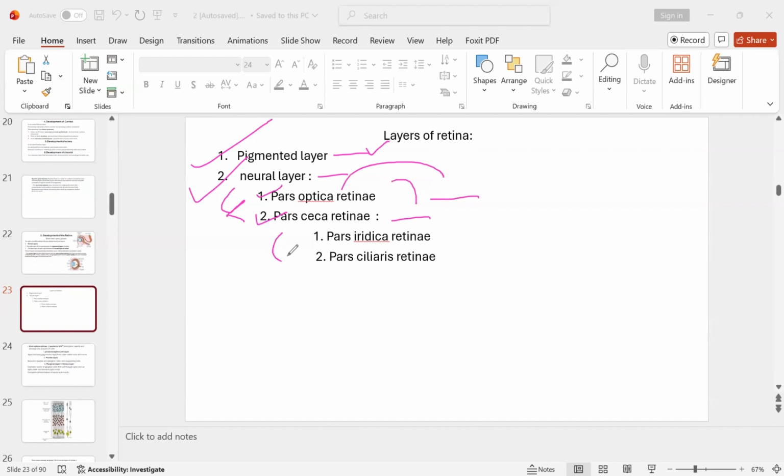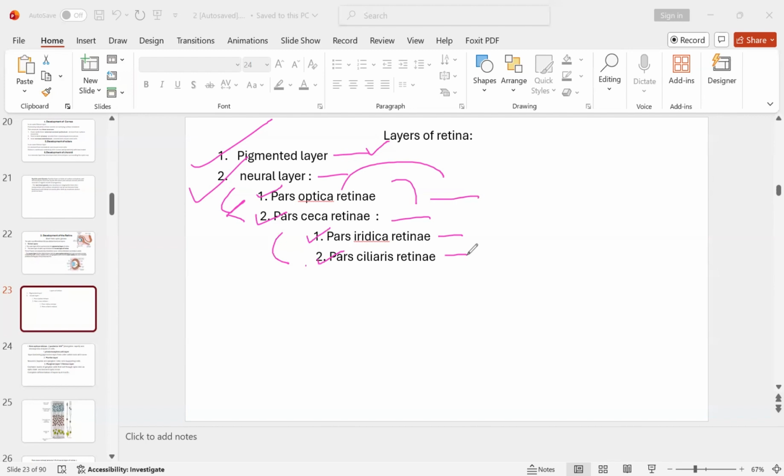Pars ceca retini is further divided into two parts: number 1 pars iridica retini, and number 2 pars ciliaris retini. Pars iridica retini covers the posterior surface of the iris, or it is present behind the iris. The pars ciliaris retini covers the posterior surface of the ciliary body, or it is present behind the ciliary body. So these are the layers of the retina.